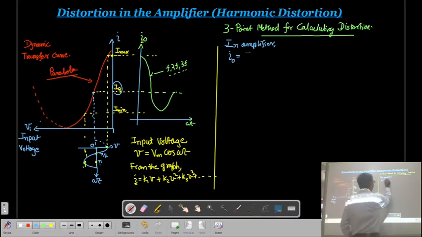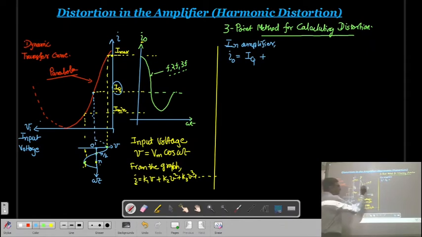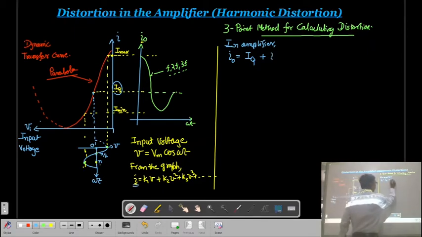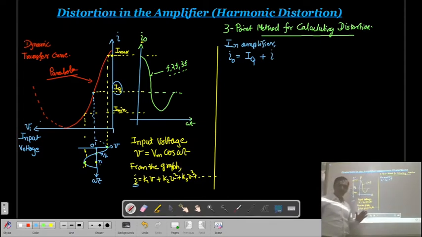In the amplifier, the output current consists of the DC current plus whatever the output current changes due to the changing input voltage, and that current we write as I. So you have to remember that in the amplifier circuit, when we bias the transistor, even when we are not applying the signal, there is still a flow of current in the transistor; that is known as the DC current, the operating current.